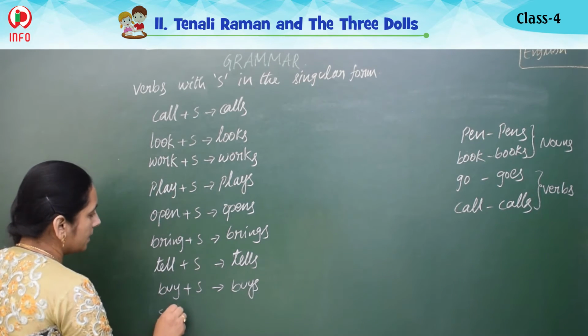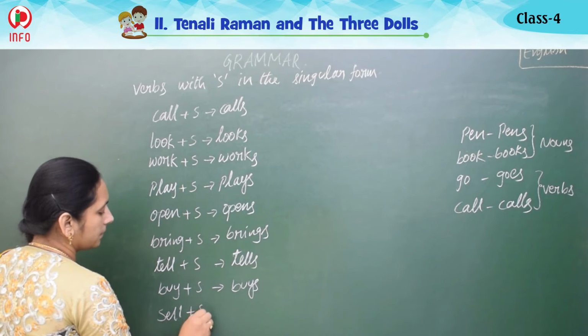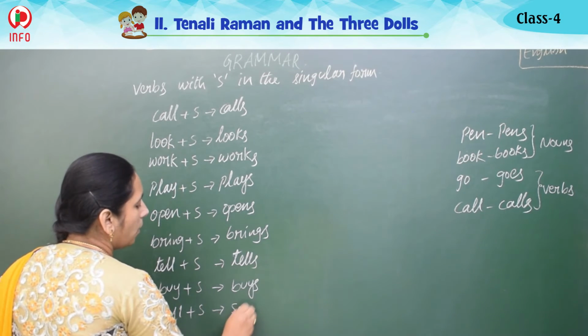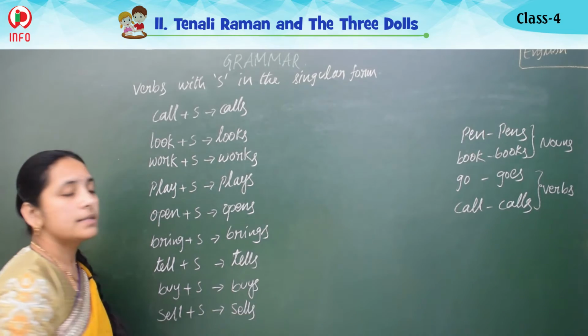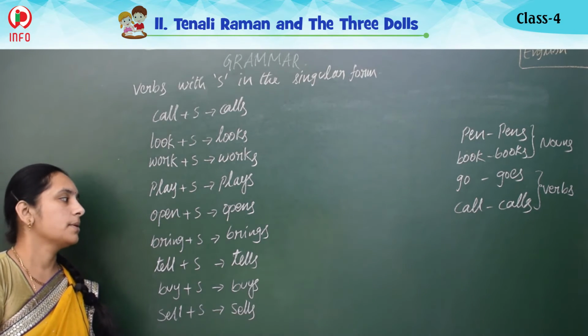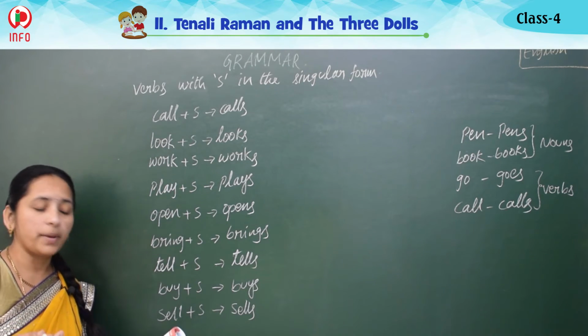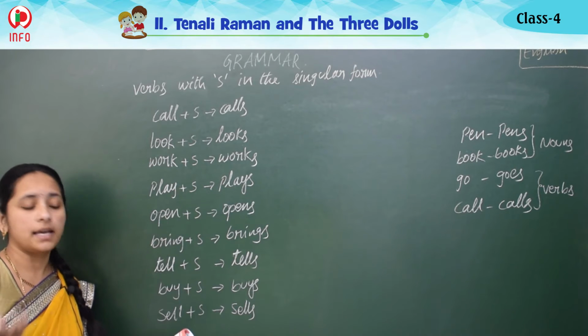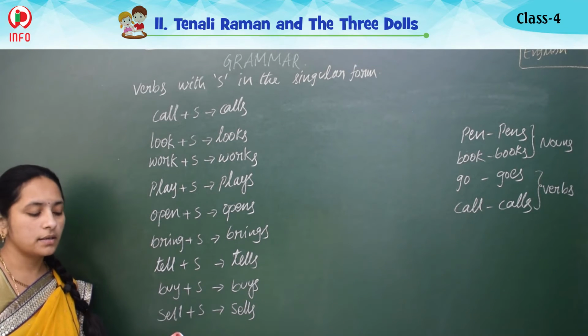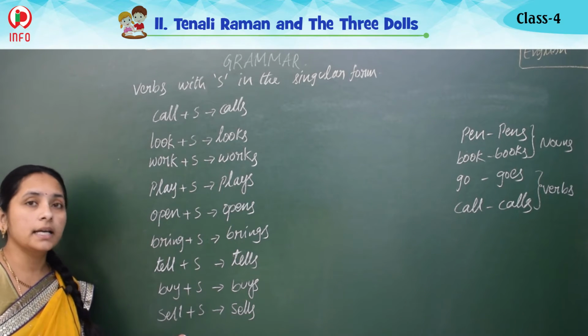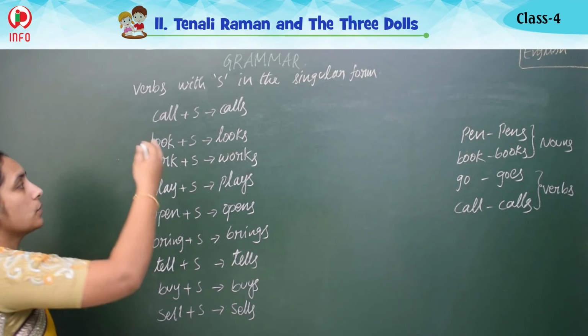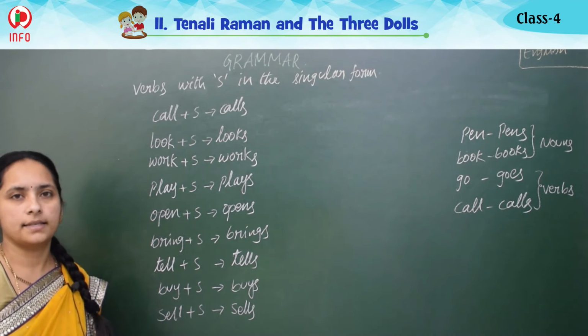Sell, sells. So these are all verbs with a singular subject, formed by adding S. Like this we have pay, pays, say, says, walk, walks, break, breaks, dig, digs, all by adding only S.